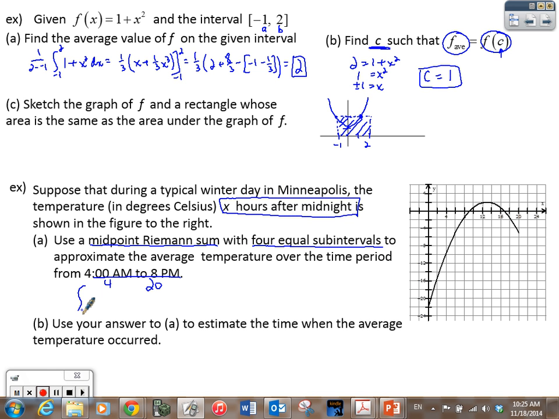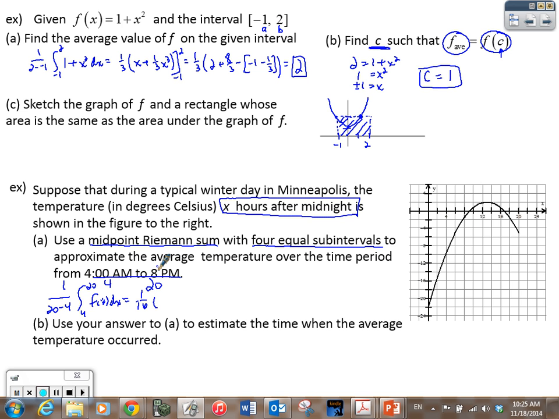So we're going to do 1 over b minus a, times the integral of f of x dx. So 1 over 16 times, now to get this part, we're going from 4 to 20.